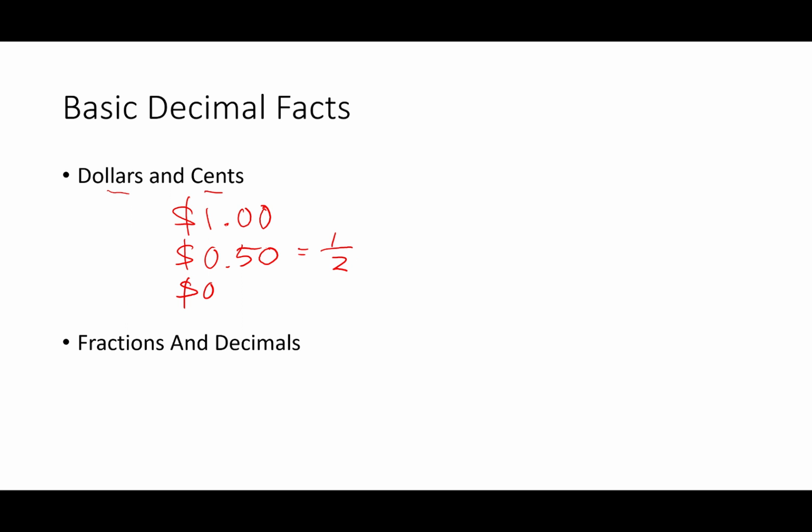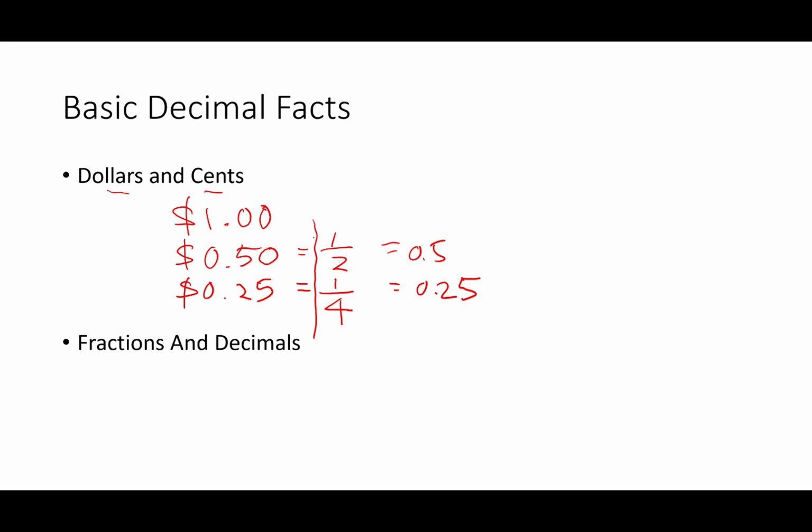Similarly, if I have 25 cents, this is equal to a quarter, or 1 over 4 of a dollar. So this is equivalent to 0.5 and this is equivalent to 0.25, getting rid of the dollar sign.